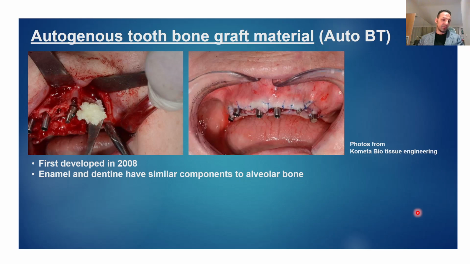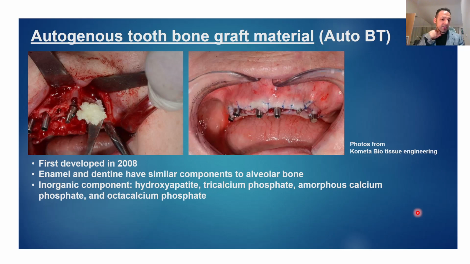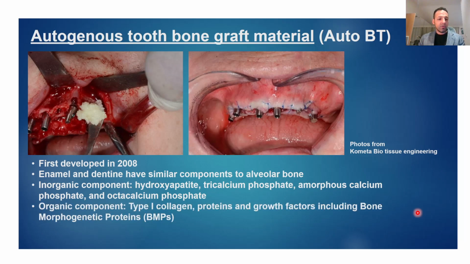And what is it? Well, enamel and dentine have similar components to alveolar bone. The inorganic component is hydroxyapatite, tricalcium phosphate, amorphous calcium phosphate, and octacalcium phosphate. And then the organic component contains type 1 collagen, proteins, and growth factors, including BMPs.